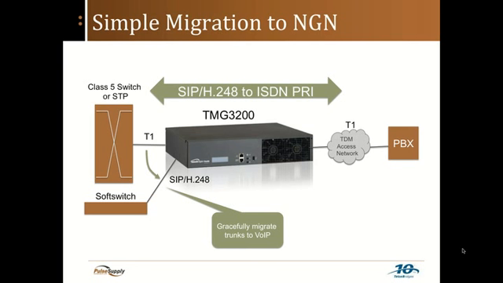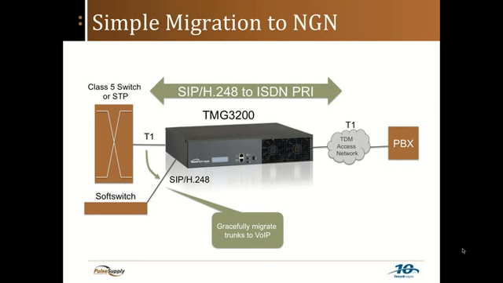There's no additional cost required when you want to migrate this solution from a TDM to TDM scenario to a SIP or voice over IP to ISDN PRI or TDM scenario.